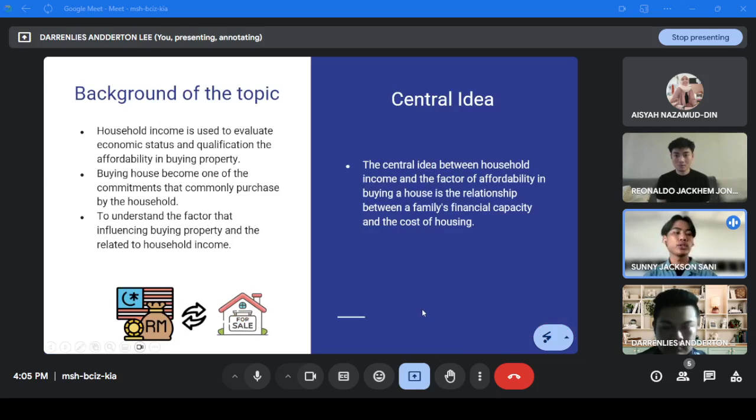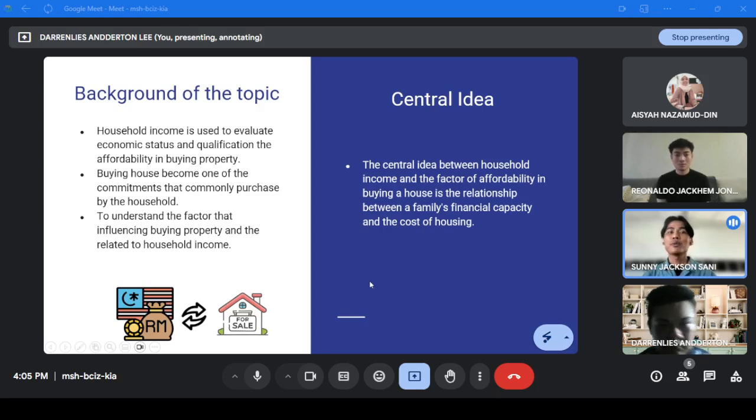Next, I'm going to explain the background of our topic. Household income is used to evaluate economic status and qualification and affordability in buying property, such as housing. Buying a house is one of the commitments commonly made by households, especially us and our family.